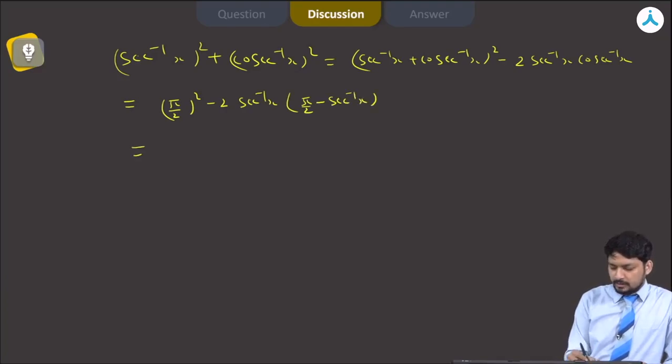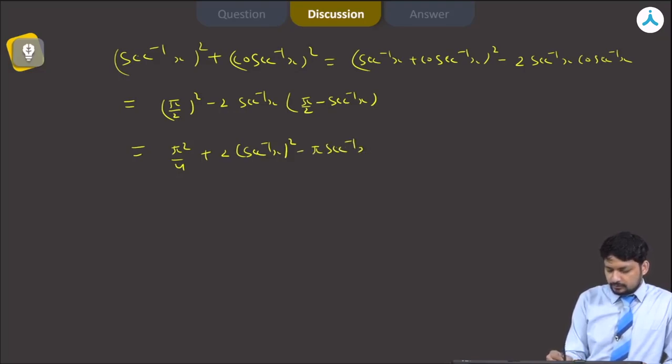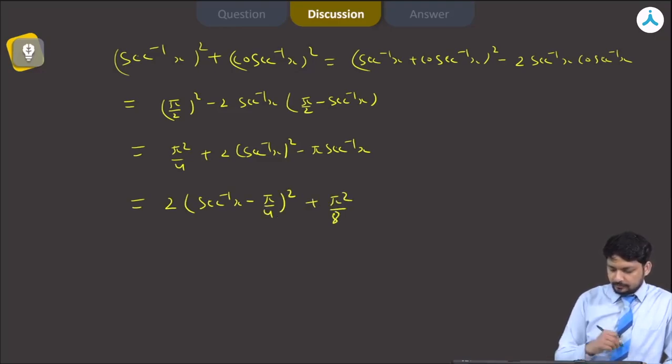So this expression will become π²/4 plus twice of (sec⁻¹x)² minus π sec⁻¹x, and I can also write it as twice of (sec⁻¹x − π/4)² plus π²/8.